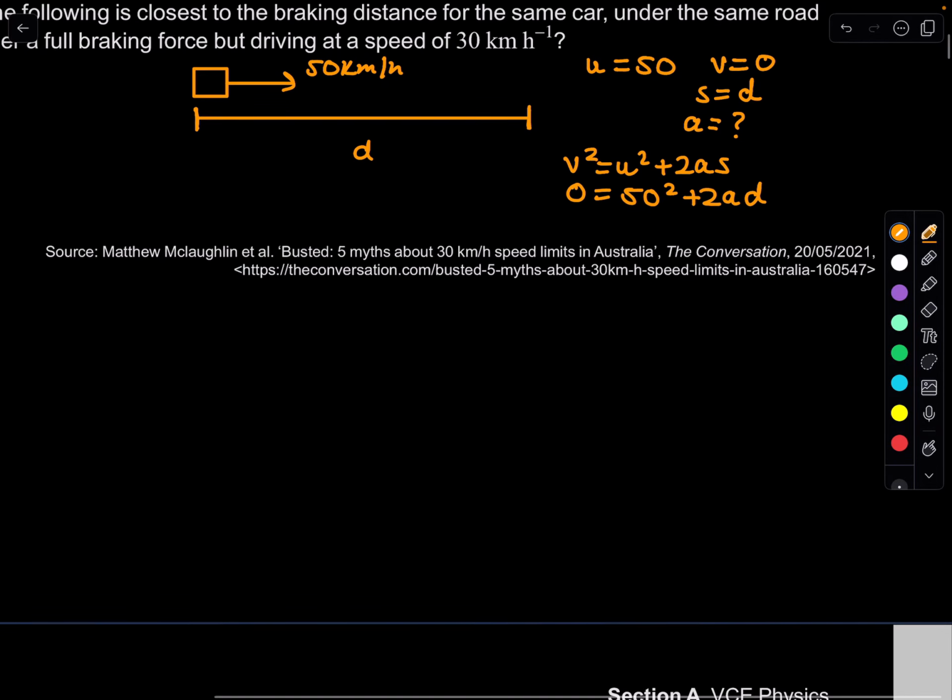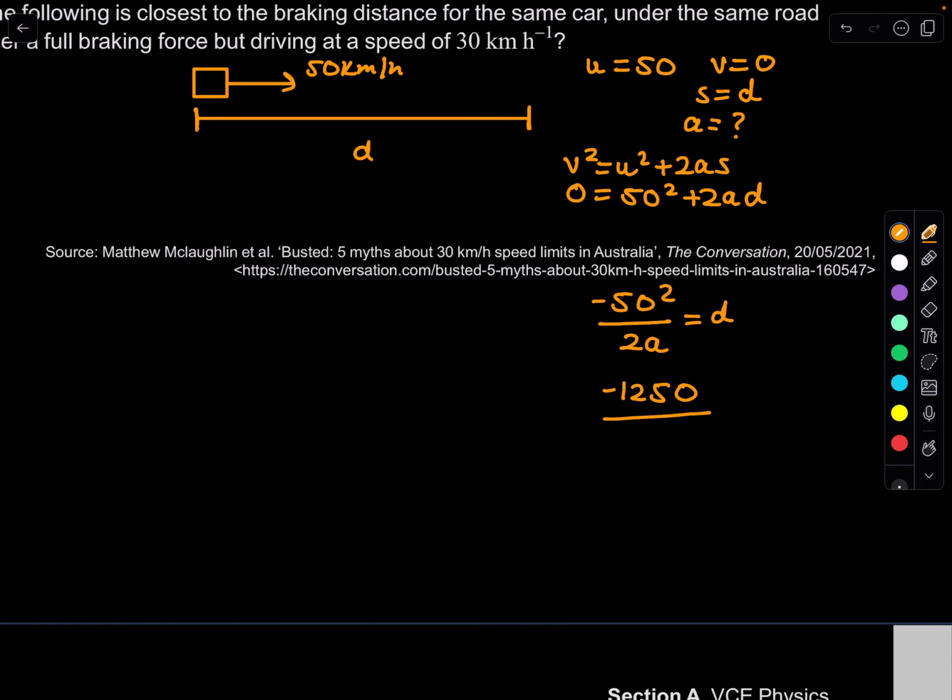And so if I get d, which is negative 50 squared over 2a, that's going to give me d. What's that going to be equal to? Let's have a try. Negative 50 squared over 2. That's going to give me negative 1250 over a, d. Basically, that's my distance in terms of a, our acceleration.